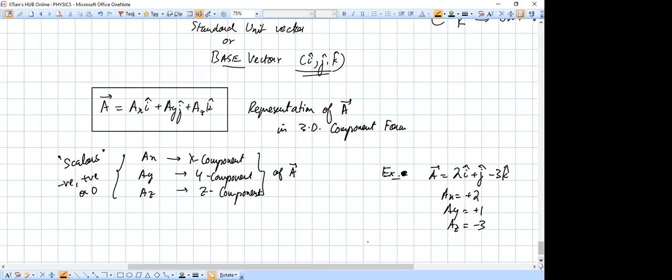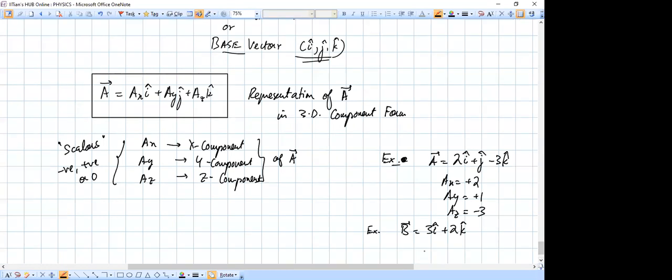Similarly, we can have a vector, let's say 3i cap plus 2k cap. In this case, B's x component is plus 3, B's y component is 0, and B's z component is plus 2. So there can be any scalars which are positive, negative, or 0. This is how we represent a vector in three-dimensional component form.